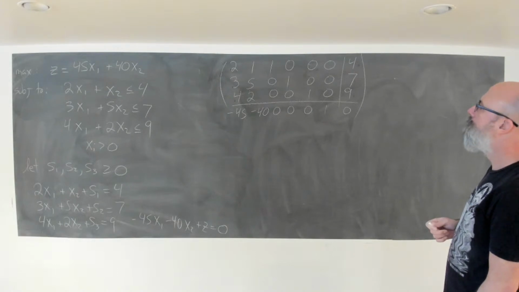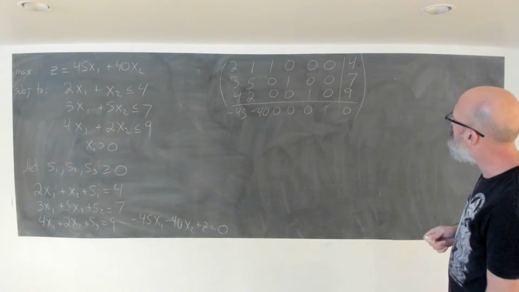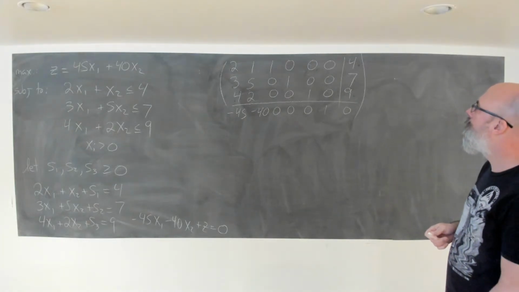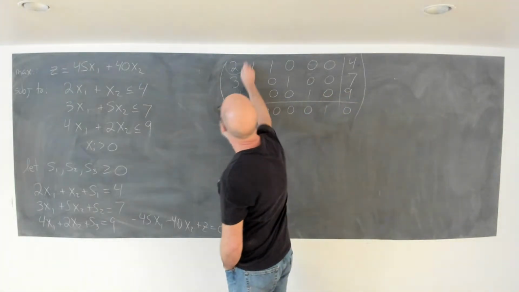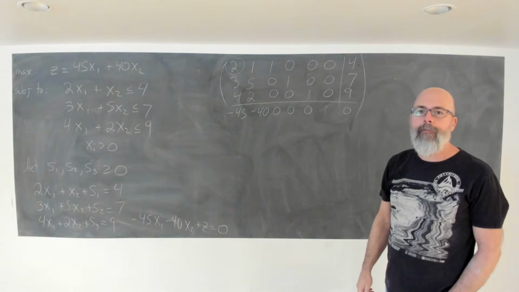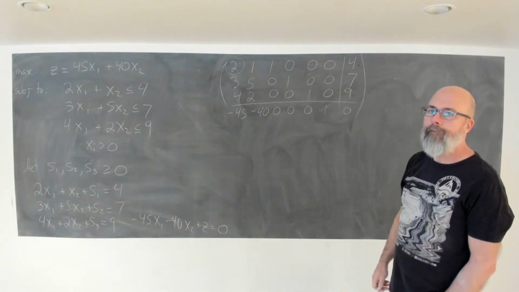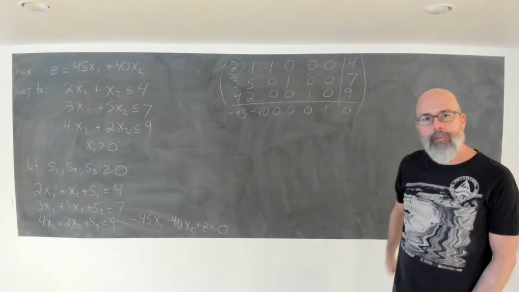Easy to see that the pivot is 2. Nice save there. 2 indeed. Everybody comfortable with the 2 as the pivot?